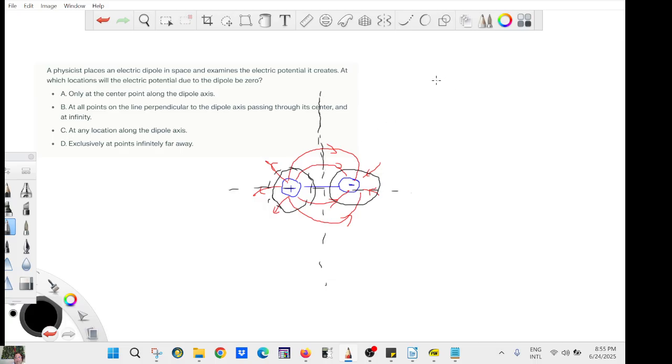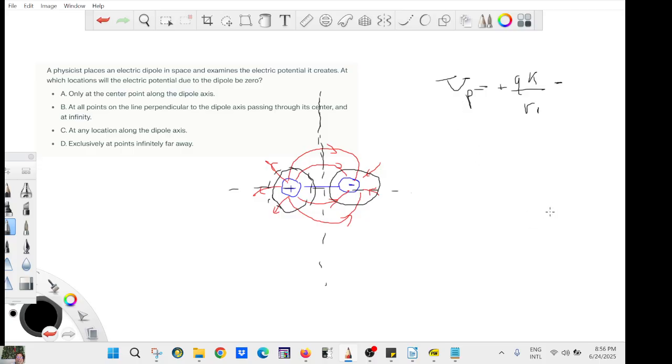The electric potential is going to be using the superposition method. So it will be, from the positive charge, K and the distance R1 from here, and minus from the negative charge at a given point. So that will be the electric potential at a given point.